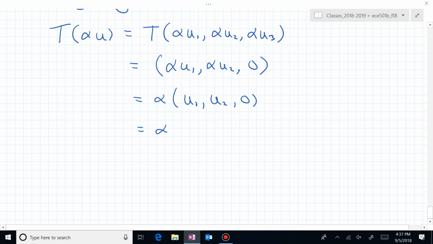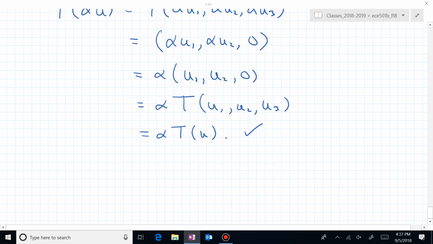But that's the same as alpha T of (U1, U2, U3), or alpha T of U. We then have this projection map T that we've defined, satisfying additivity and homogeneity. So T is linear.